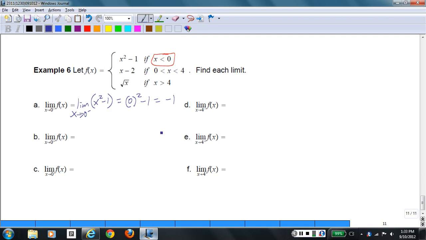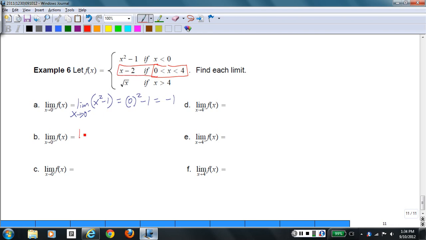Now, the limit of f of x as x approaches 0 from the right: suppose x is just a little to the right of 0. What rule would we use to evaluate the function? The middle one, x minus 2.